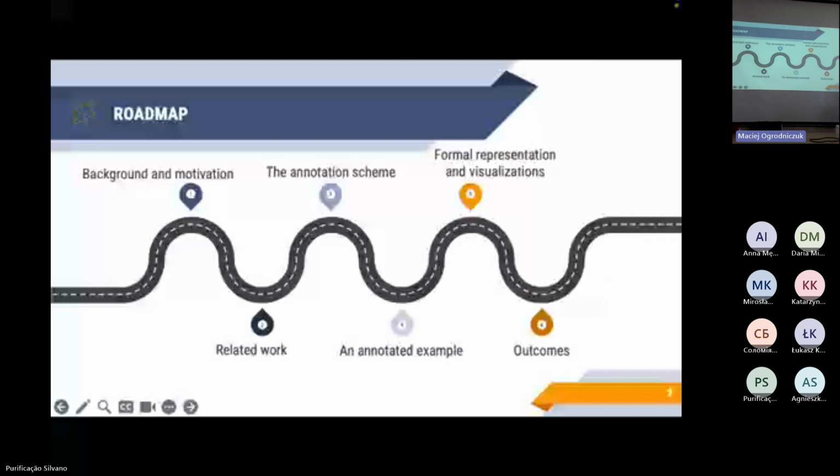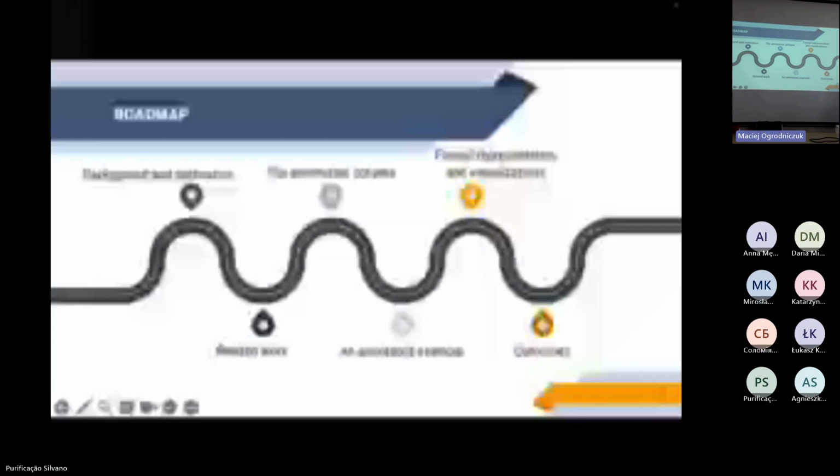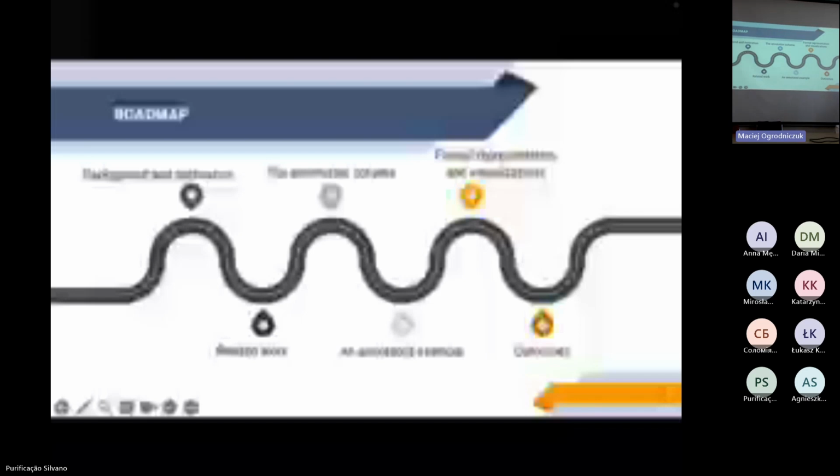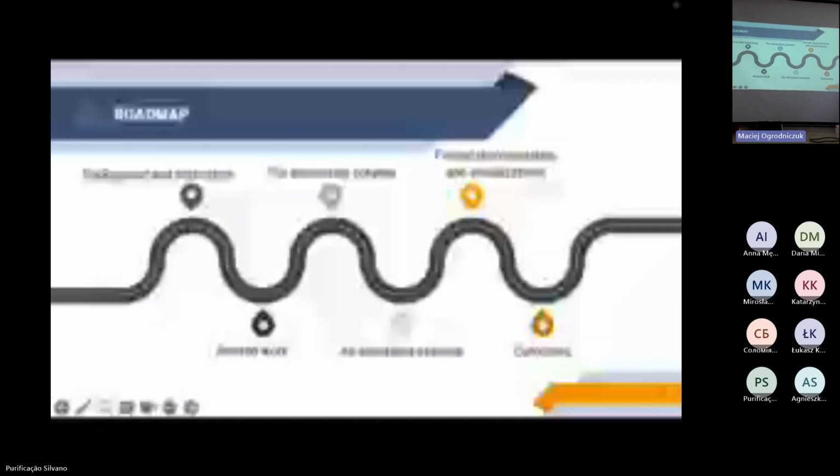And I will describe the annotation scheme, not in much detail, but enough for you to understand the complexity of the semantic annotation we have been doing. And I will give you an example or two if you need, but we can discuss it later.